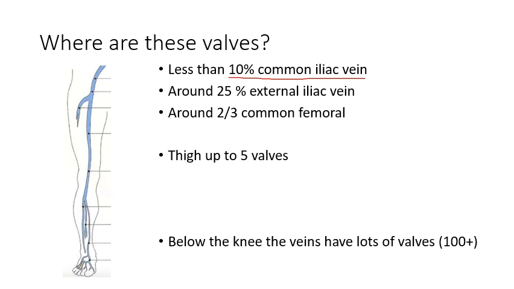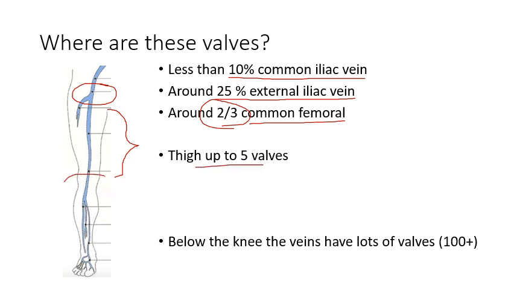Around 1/4 have a valve in the external iliac vein, and about 2/3 of us have a valve in the common femoral, in this area right here. In the thigh, we have about 2 or 3 or 4 valves, whereas below the knee, the valves are numerous, up to hundreds.